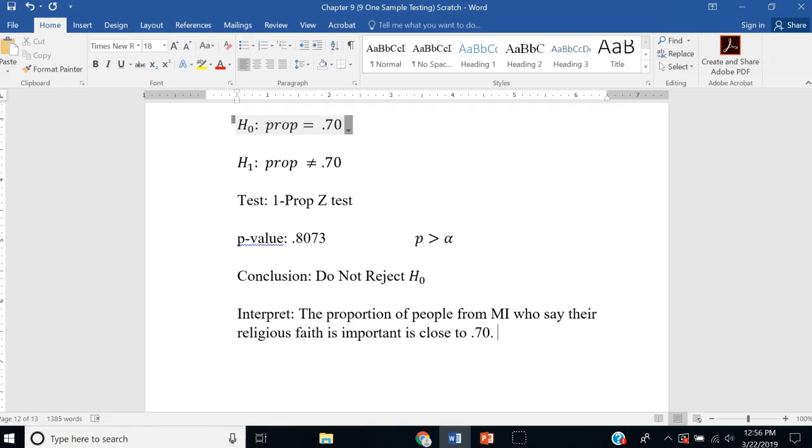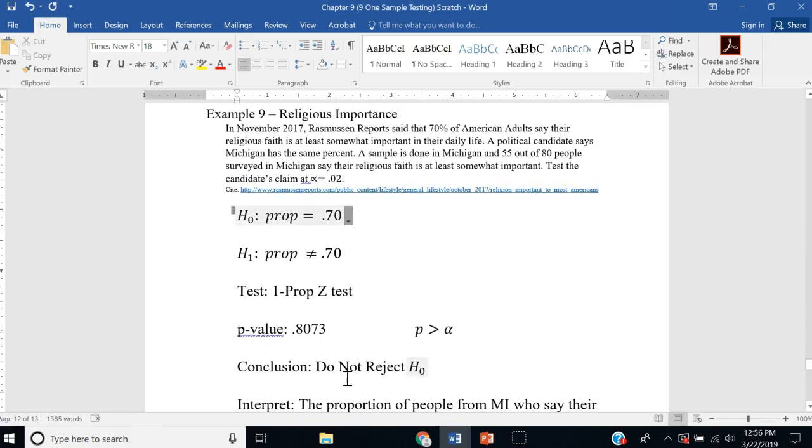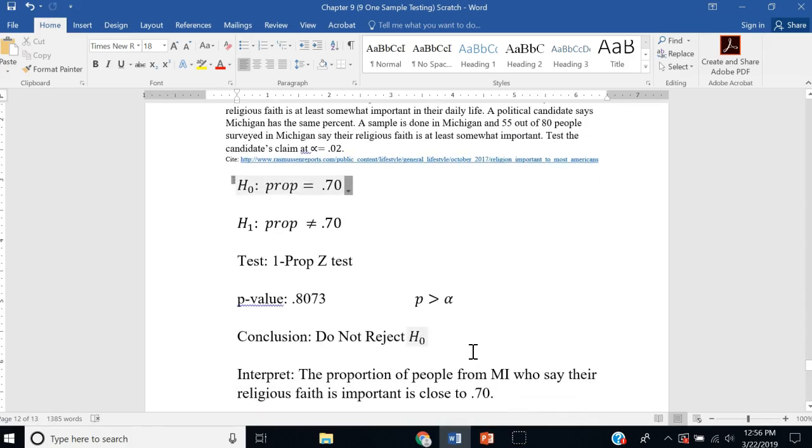All right. And that's it. Again, you can add more or less language depending on how precise and detailed you want to be. The important parts are that we're dealing with proportions, and do not reject means we're going to write is close to.